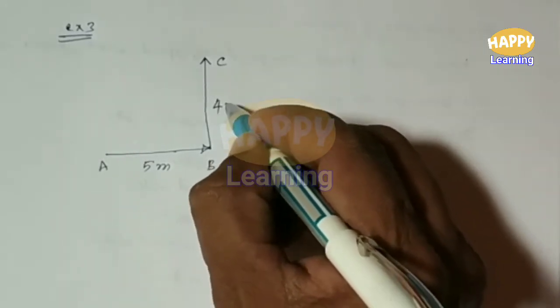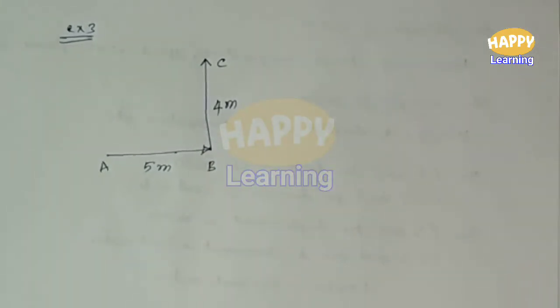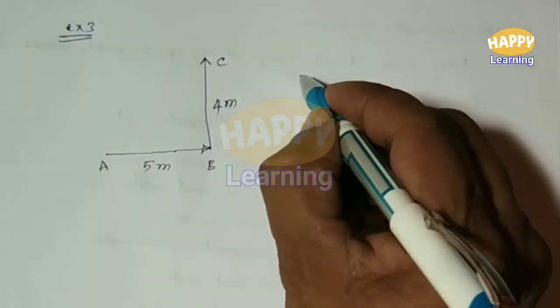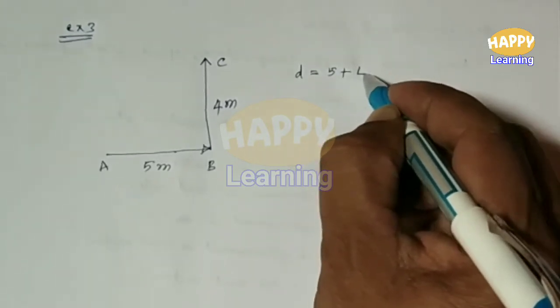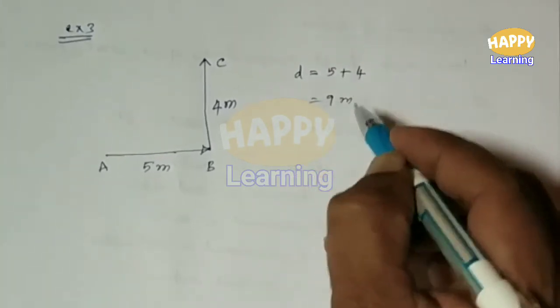Let BC be equal to 4 meter. Then distance will be D equal to 5 plus 4 equal to 9 meter.